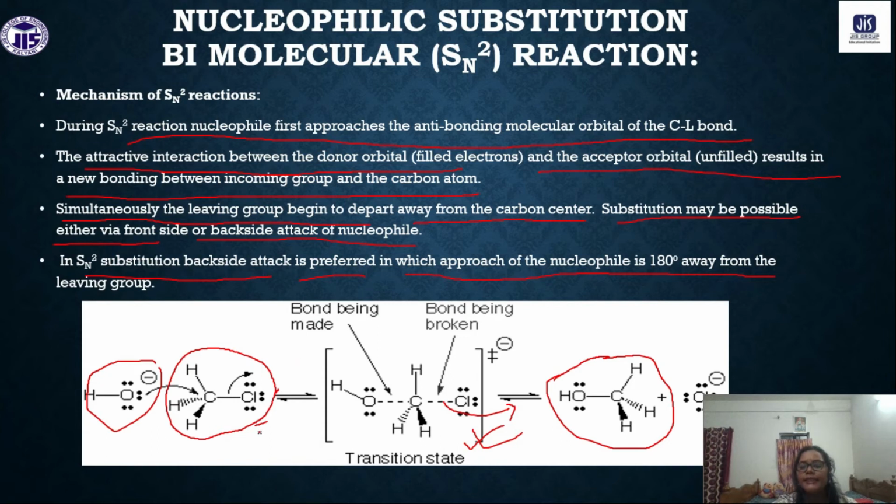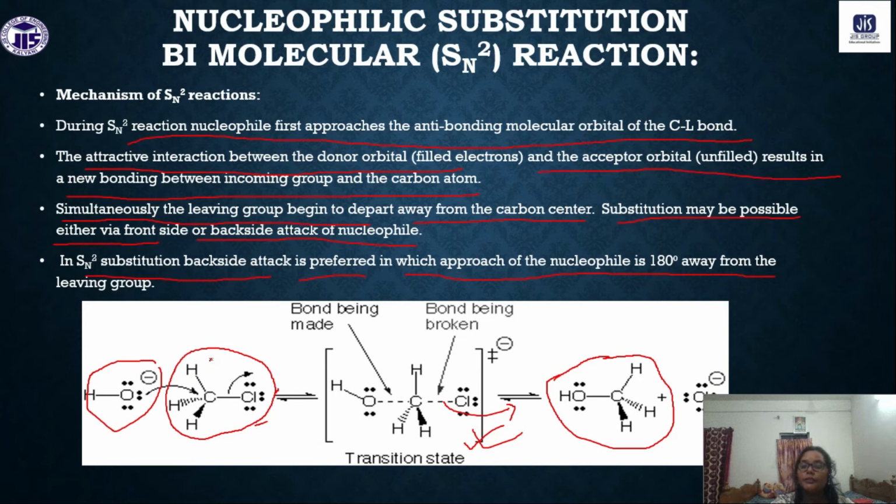Now you can see that the attack, the leaving of the group, bond breaking and bond making take place simultaneously. That is why if the substrate is less crowded, it generally prefers the SN2 reaction.